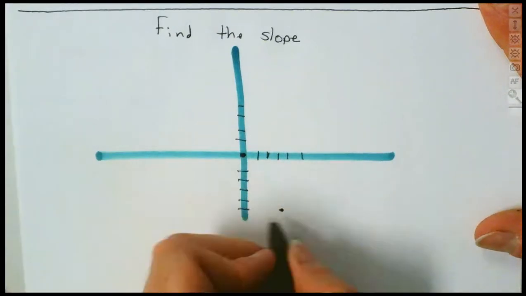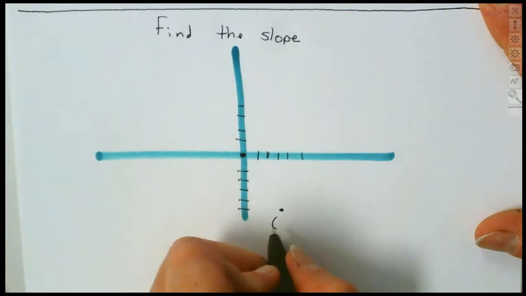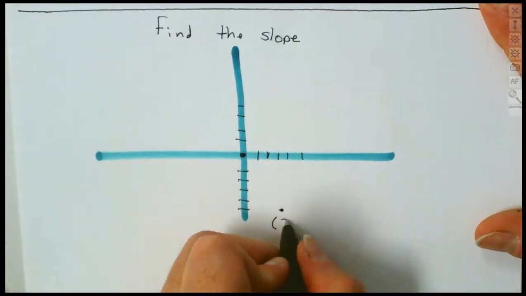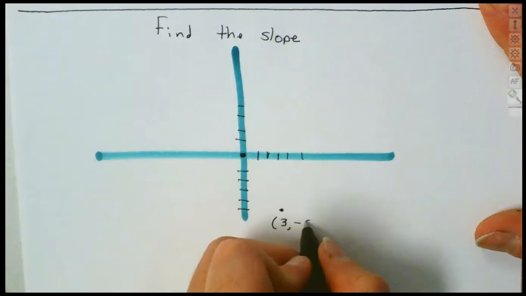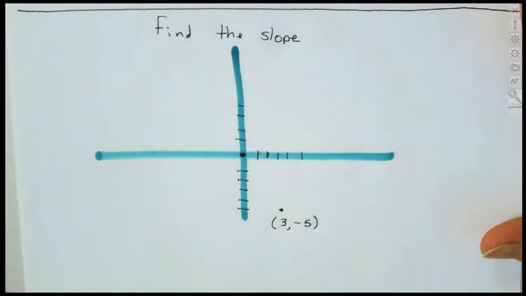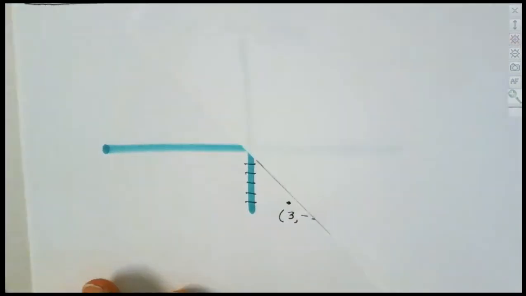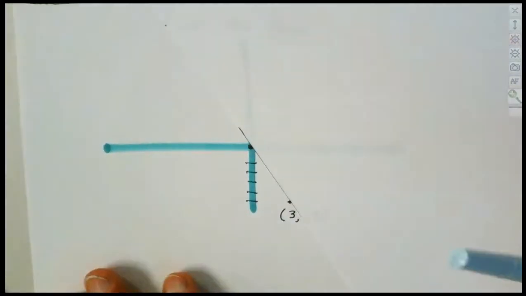This one's going to be at 3, -5, and I'll go ahead and label this one. I'm going to go ahead and connect these together. And we're going to try to find our slope here.